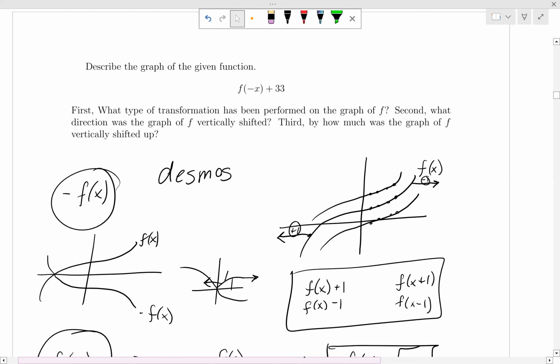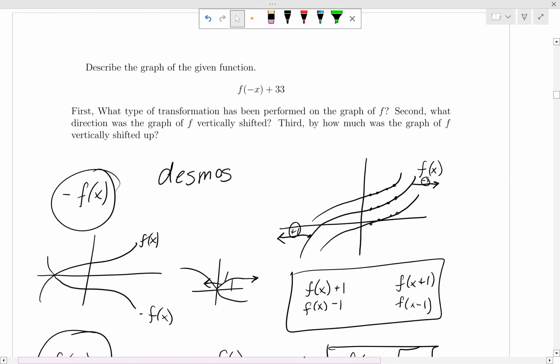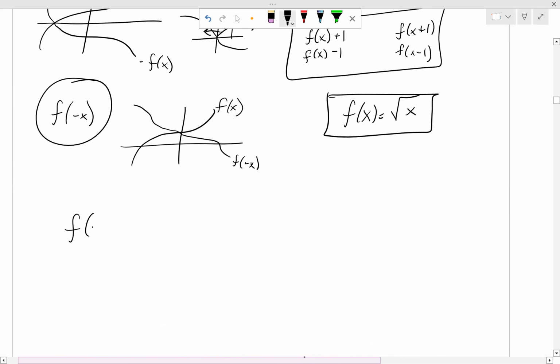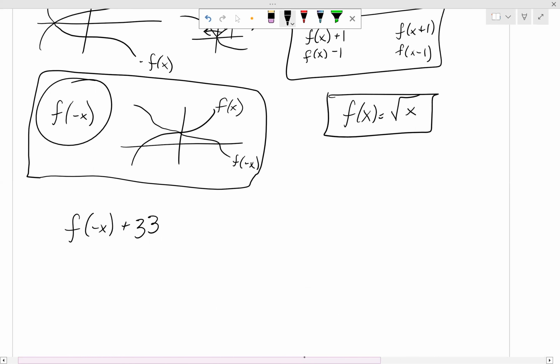But for this problem, they gave us f of negative x plus 33. Well, we just saw that f of negative x flips it about the y-axis. So what we're going to do is flip across the y-axis.